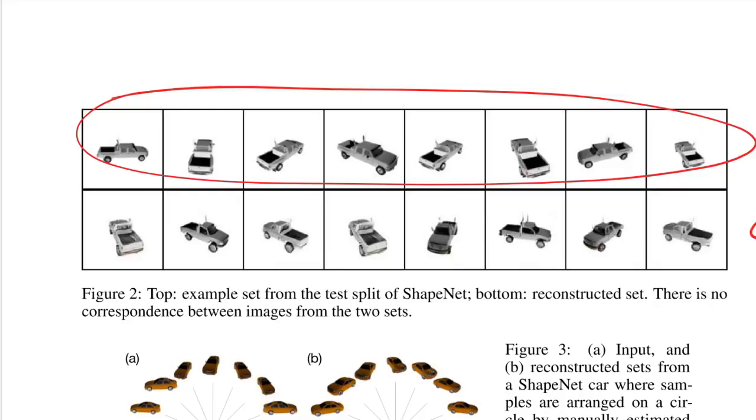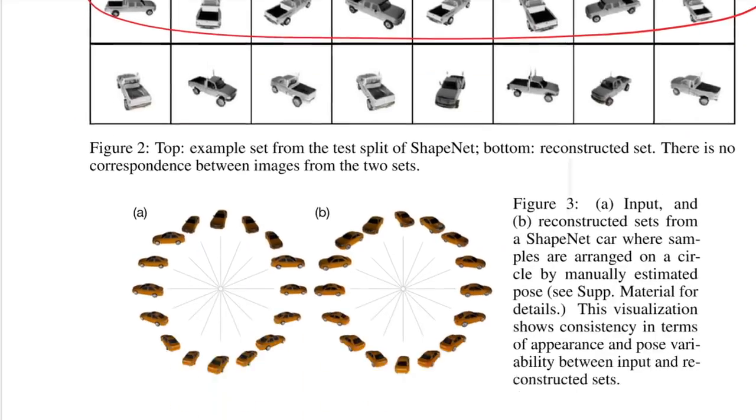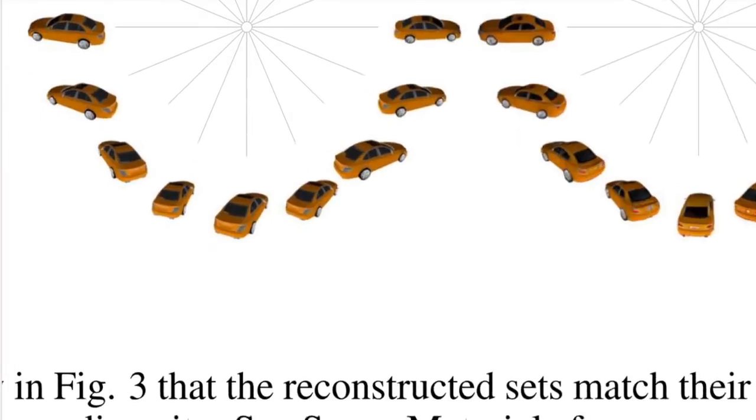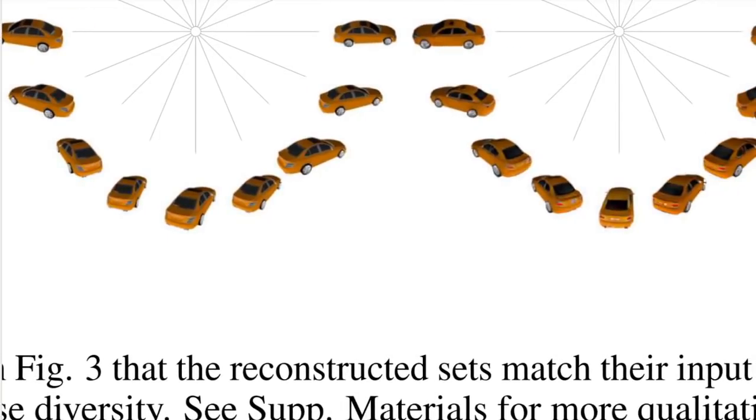There's no correspondence, but you see it's the same truck. And here they manually align these. So they just produce a bunch of images. On the left is the data set, and on the right, I guess they just produced like 100 images and then selected wherever the car looked the closest. So they ordered them by hand. And that is to show that, for example, look at the lighting on the car right here. It's fairly similar.